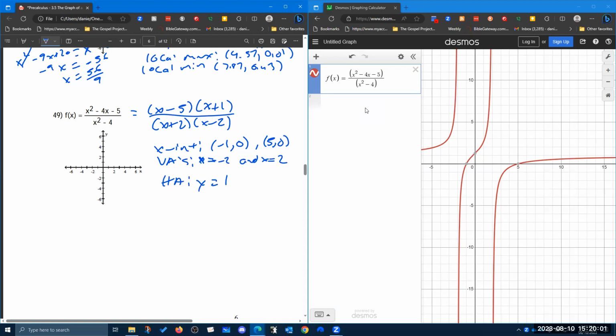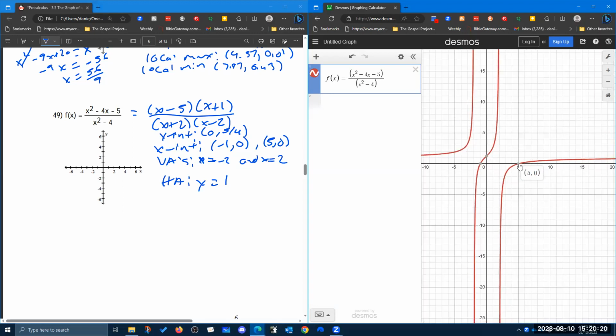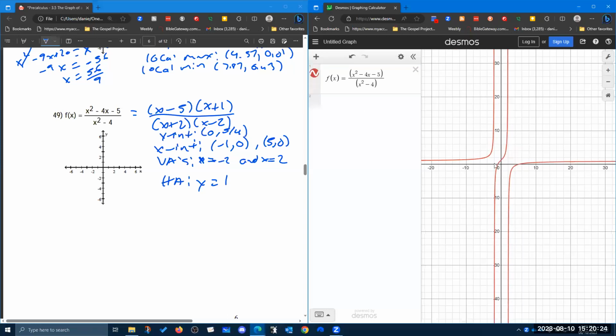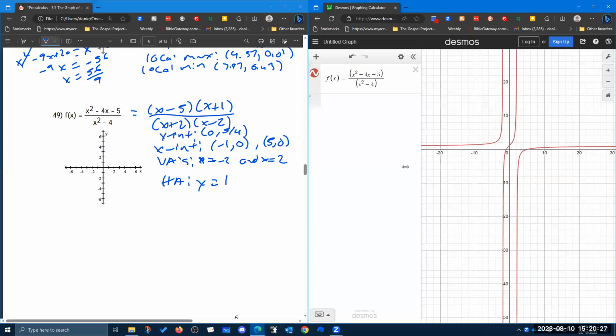We have a y-intercept at 0, 5 over 4. It's right there, 1.25. Here's our one x-intercept, and our other one is right here.